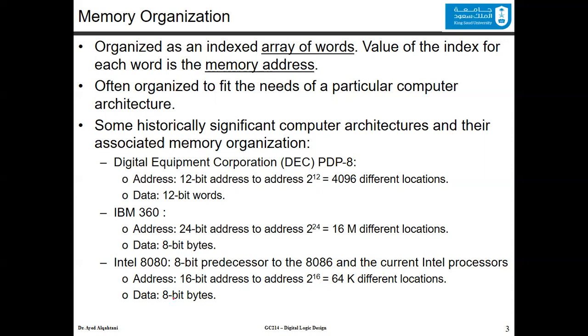The data is 8-bit bytes. You can see now they are different, the address and the data in the Intel 8080, also in the IBM 360 is 24 and 8. So these are different memory organizations where the address bits and the data bits are specified.